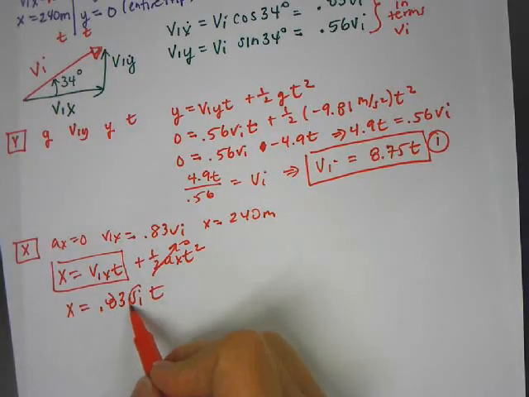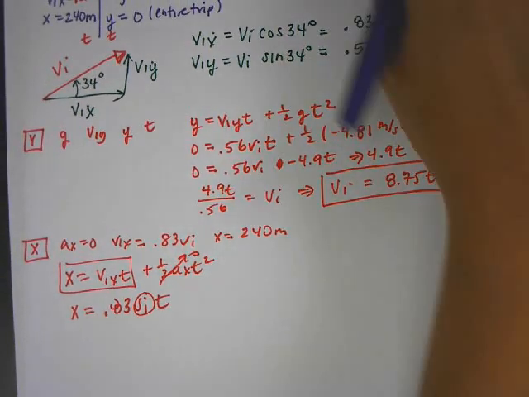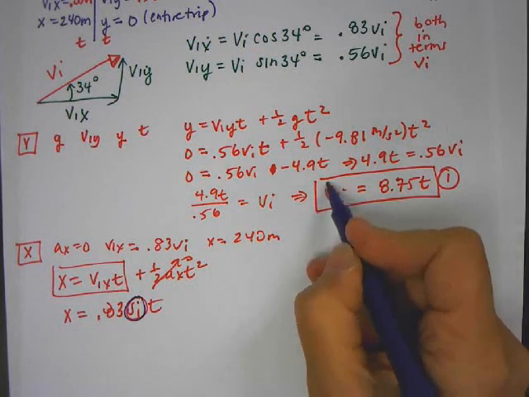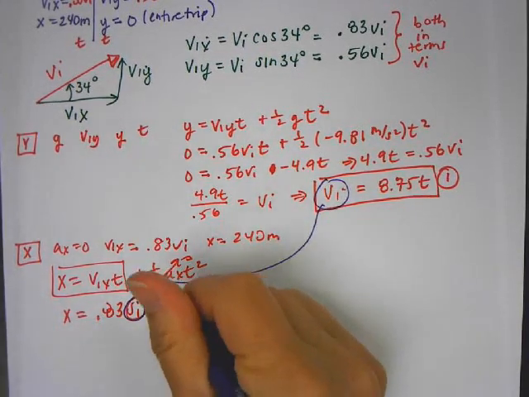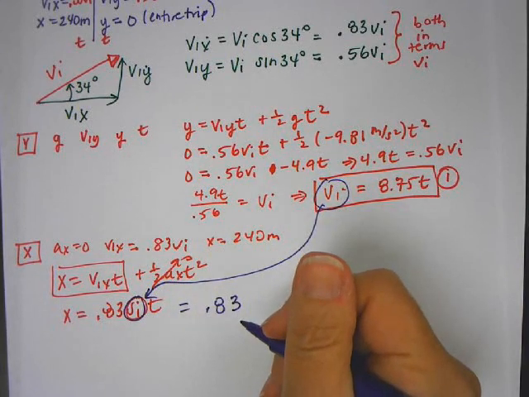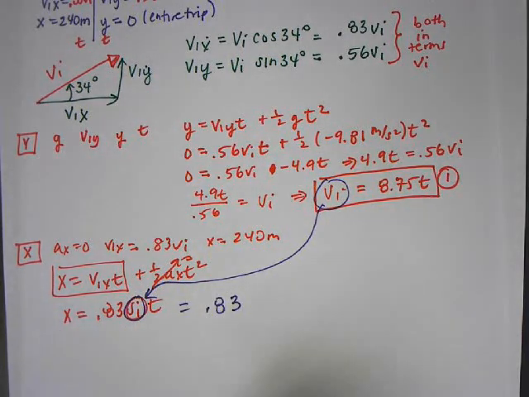But I already know here, if you look, see VI here? I can take this value of VI and substitute it in here. So I can say this is equal to 0.83. Oh, I know X is equal to 240.